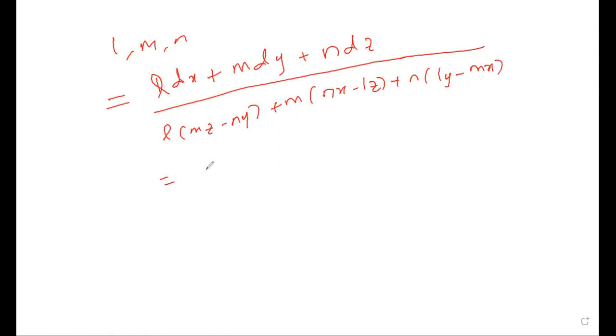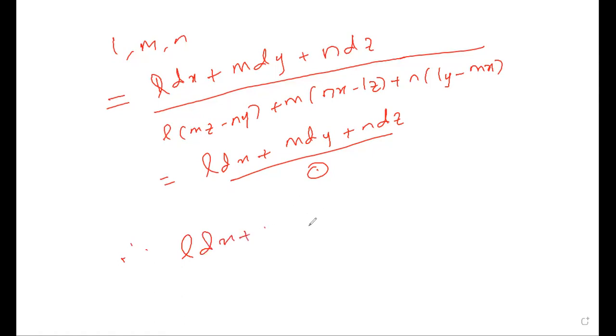See whether you can check the denominator, which should give you 0. And then therefore you can get our numerator as 0 as well: l dx plus m dy plus n dz is equal to 0.